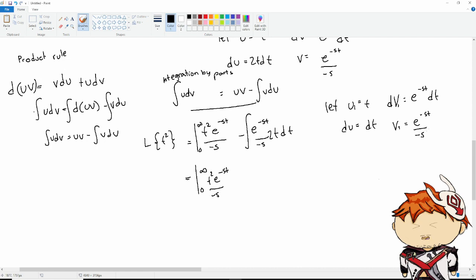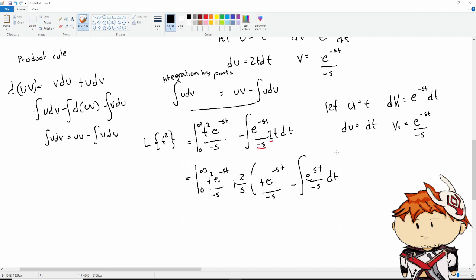Before we integrate, I'm going to take out the constants from these terms, mainly negative s and 2. So negative s and negative, that becomes positive 2 over s. Then uv is t e to the negative st over negative s, minus the integral of v du, e to the negative st over negative s dt.